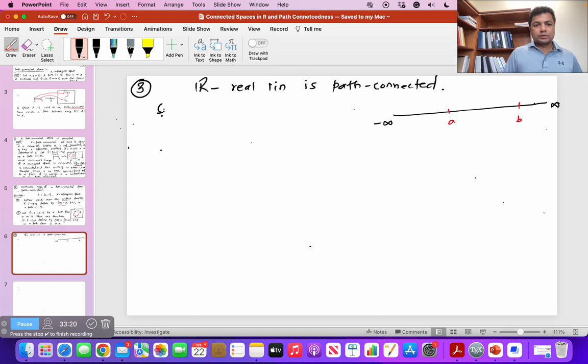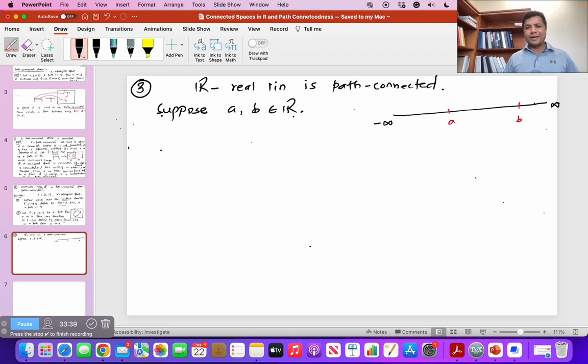Okay, so as I said before, to show R is path connected, just suppose A and B are real numbers. Now we are trying to find a path from A to B, and you can see in the figure this straight line is going to be a path.